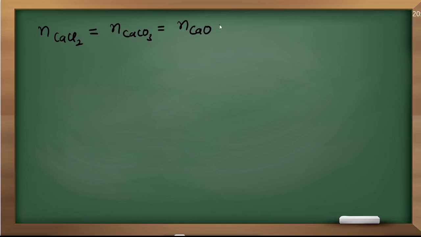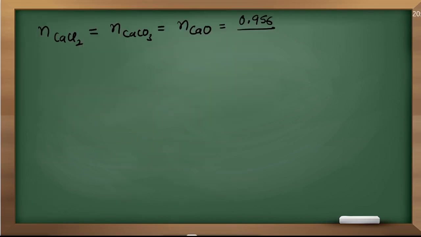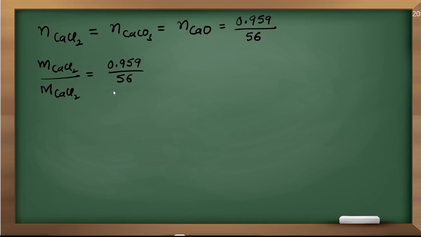And you know, number of moles of calcium oxide we can calculate. We have mass 0.959 divided by 56. So mass of calcium chloride divided by molar mass of calcium chloride, that is equal to 0.959 divided by 56.